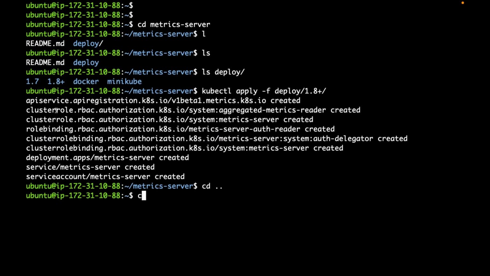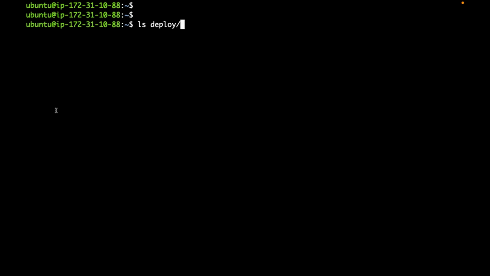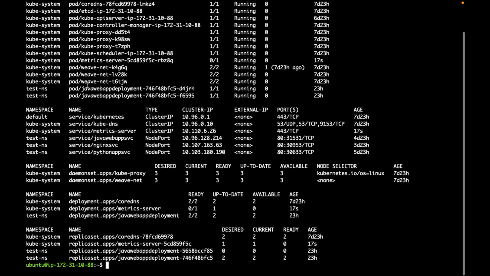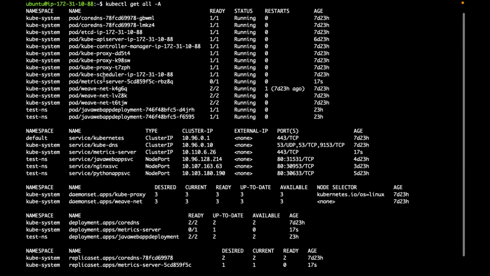Now let me come back. This time, if you see, is metric server running in the kube system namespace now? Do I have one metric server pod? It is scheduled. It is trying to come up.